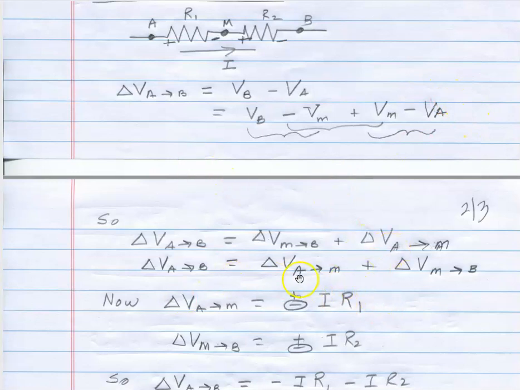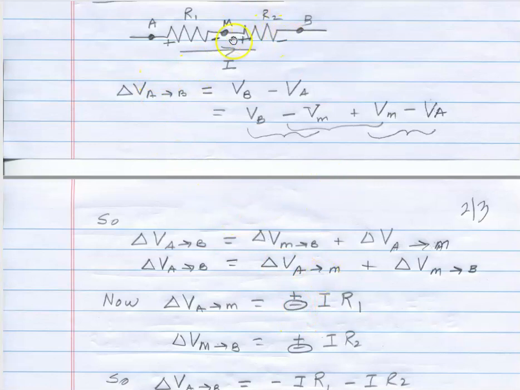Now, the voltage drop from A to M, that's from here to here. Well, it's just I times R, our current voltage relation. And as I go from A to M, the last sign I hit is minus. So I'd write plus or minus, and then I would choose the negative sign because that was the last sign I hit.